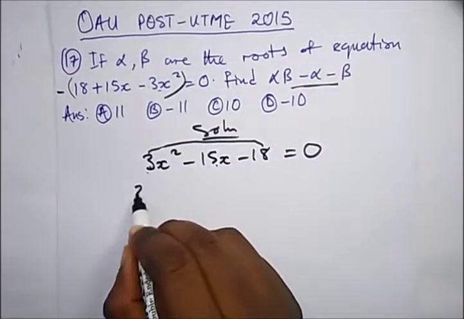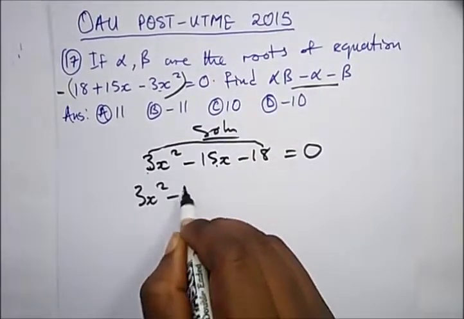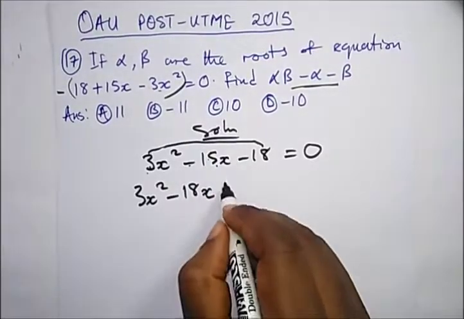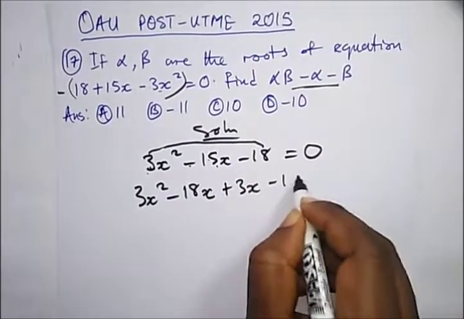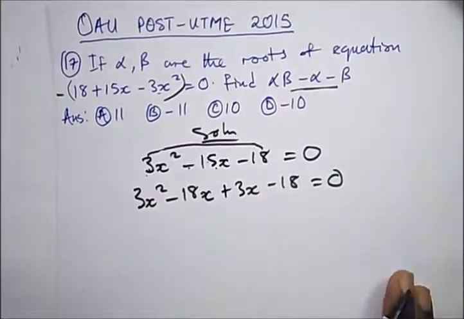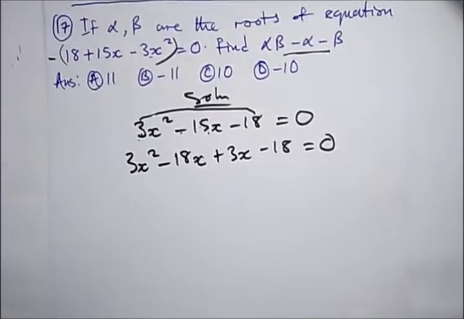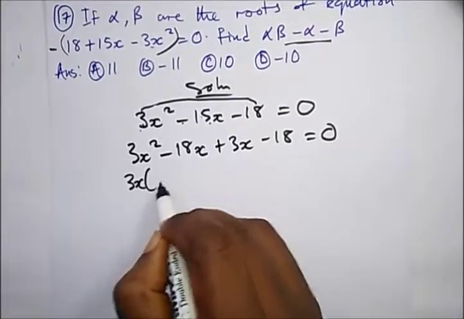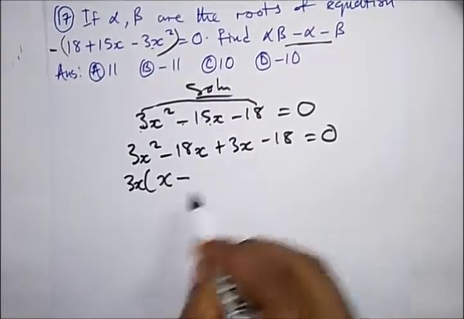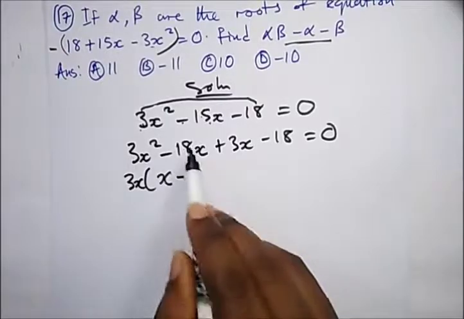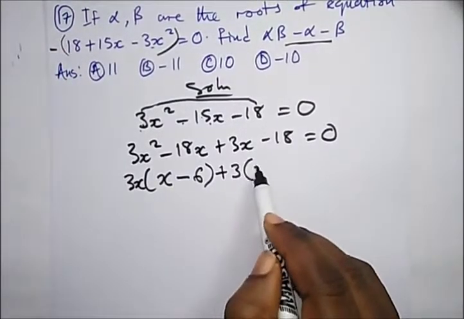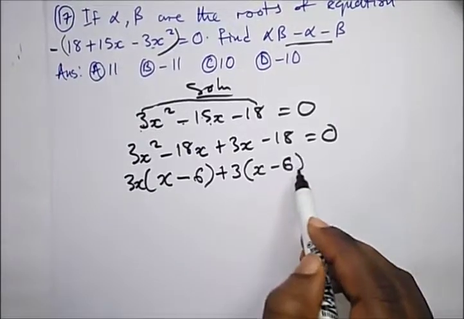So here we have 3x squared minus 18x plus 3x minus 18. I hope we know our factorization. I'm just factorizing here. What is common? We have 3x common, so we bring out x minus 6, then plus we bring out a 3, bracket x minus 6.